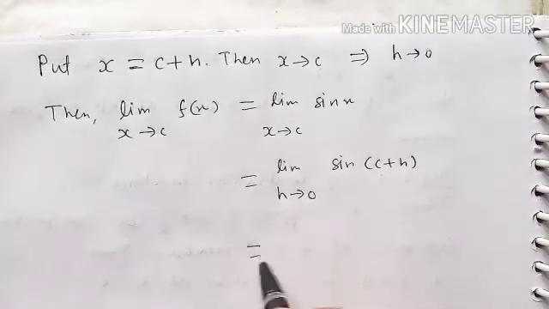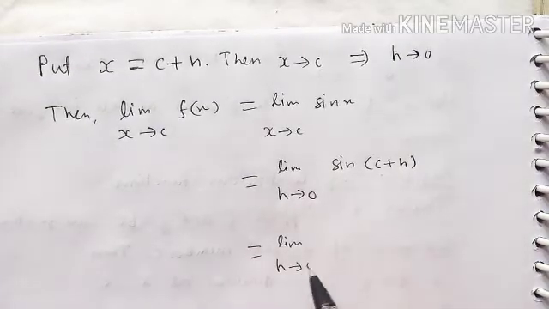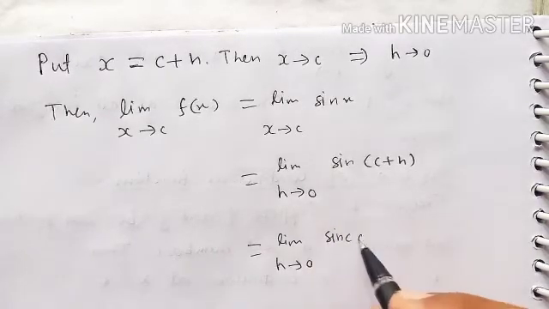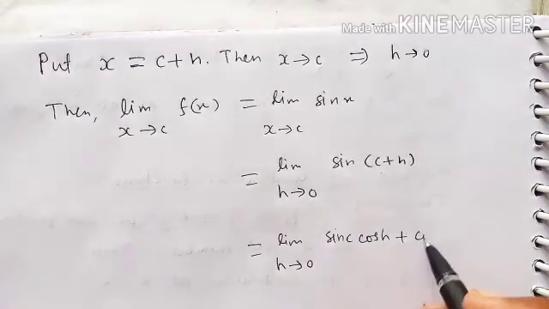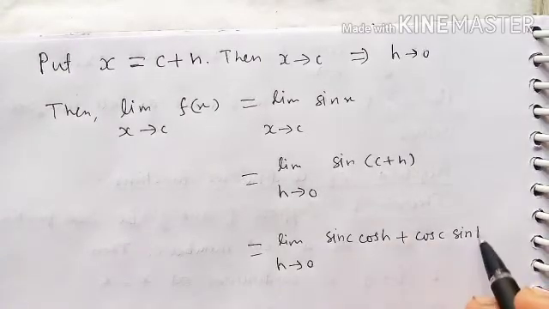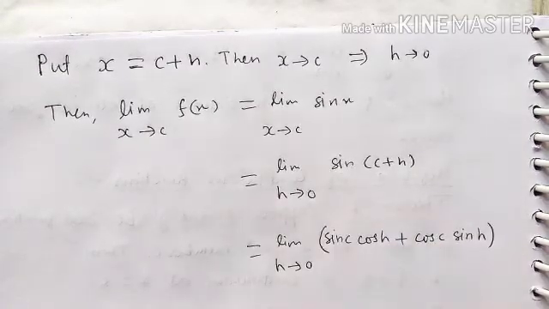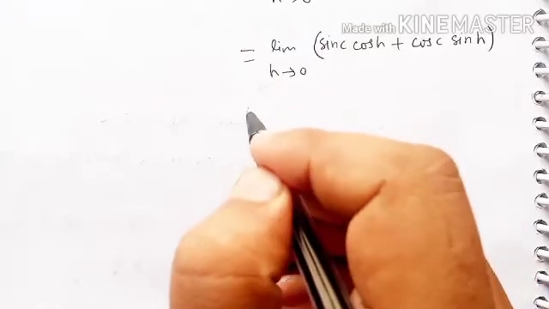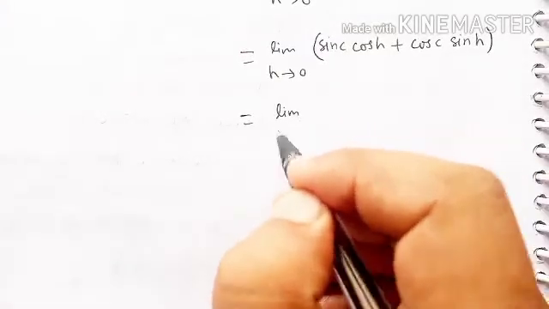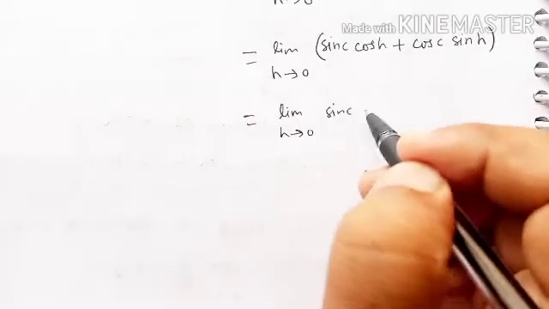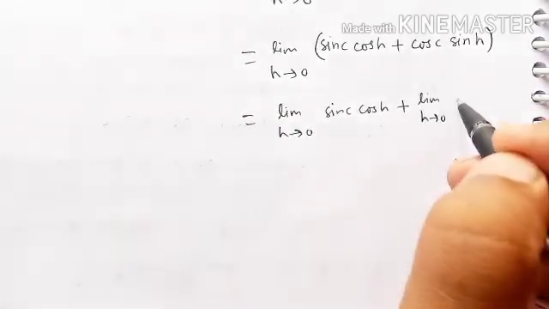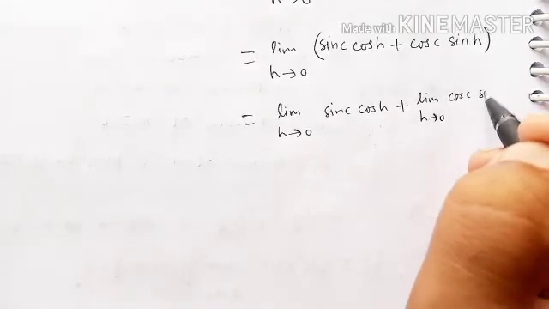We know that sin(c plus h) is sin c cos h plus cos c sin h. Here we have limit h tends to 0 of sin c cos h plus limit h tends to 0 of cos c sin h.